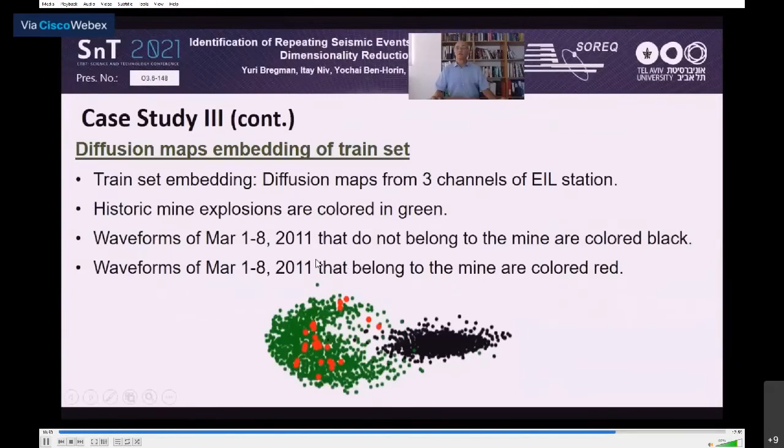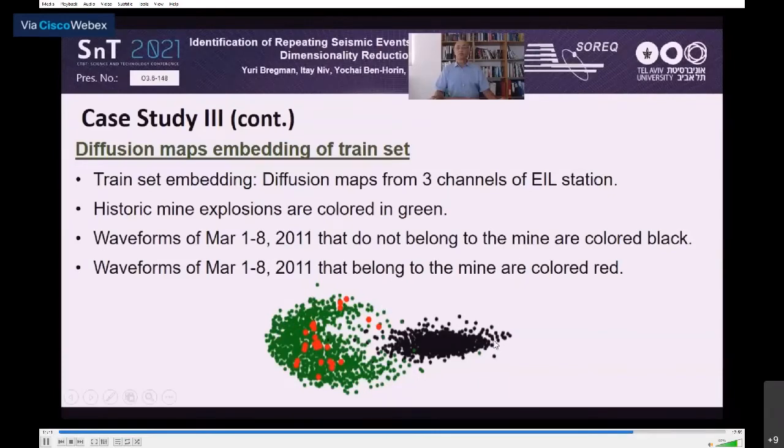Diffusion maps embedding of the train set. We use 3 channels of the Eilat station. In this plot, the historic explosions are colored green.